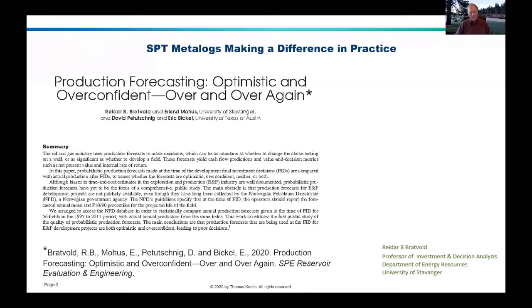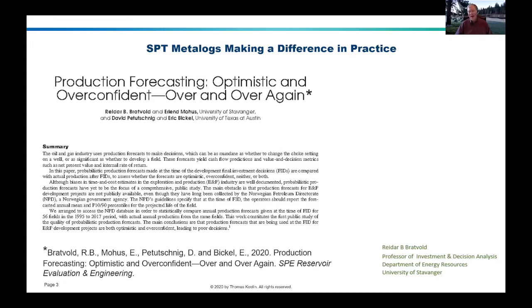He was able to obtain data from, I think, between 400 and 500 forecasts of oil field production made by actual oil and gas companies, mostly operating in the Norway region, but I think some more worldwide. These forecasts all came to him in the form of a 10-90 range.